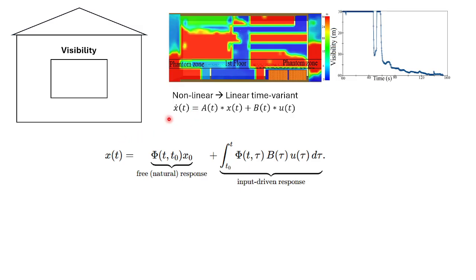If we solve this first order differential equation, we're going to find the solution as x(t) equals phi(t, t0) x(t0) plus the integral of phi(t, tau) B(tau) u(tau) d tau.